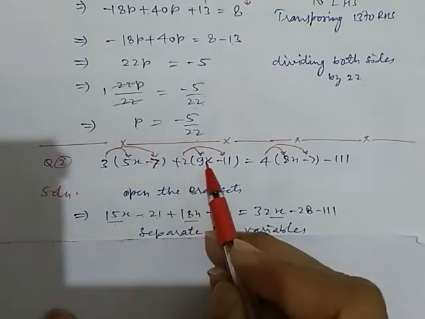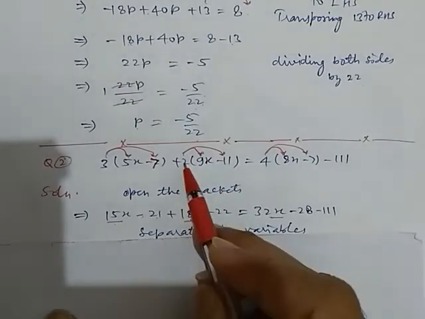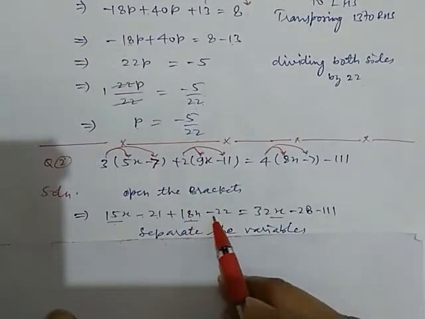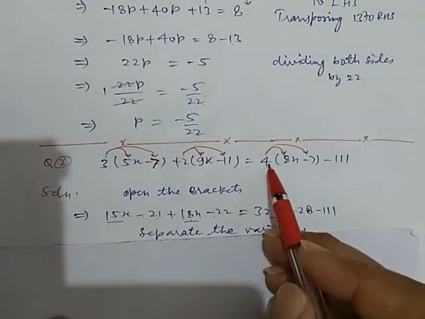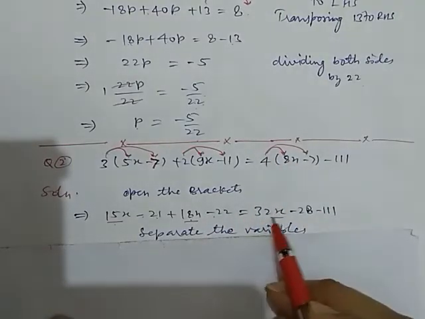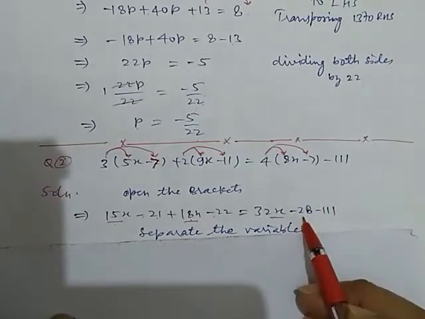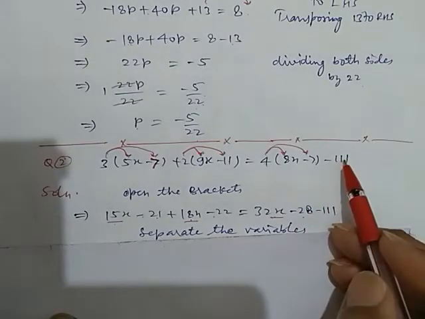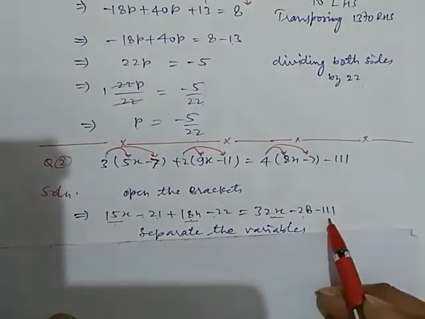Here 2 into 9x, 18x, 2 into minus 11, minus 22. Here 4 into 8x, 32x, 4 into minus 7, minus 28, and minus 1 here.